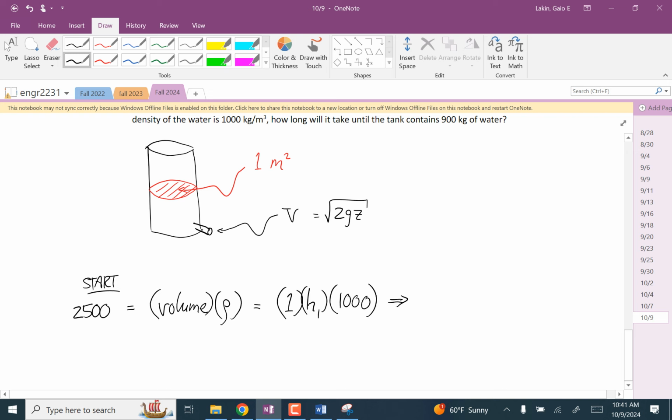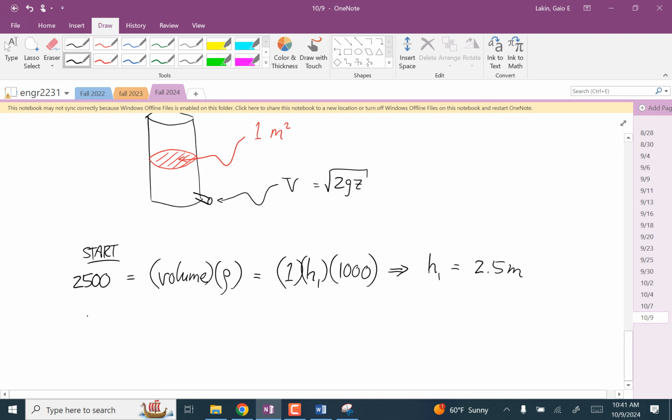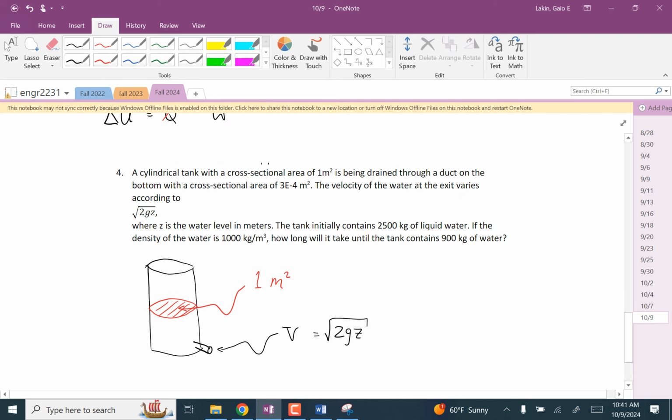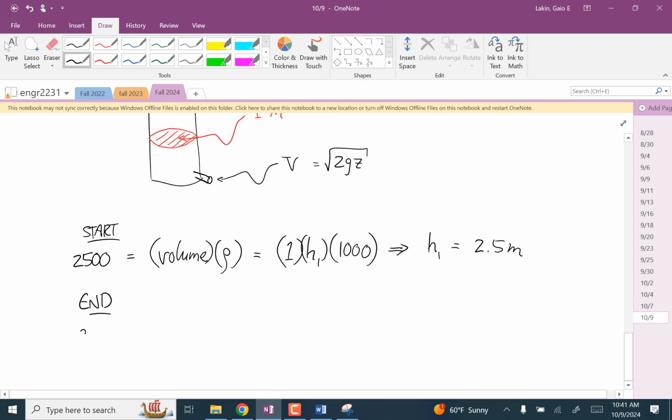So H1 is 2.5 meters. And at the end, we have 900. So H2 is 0.9 meters.